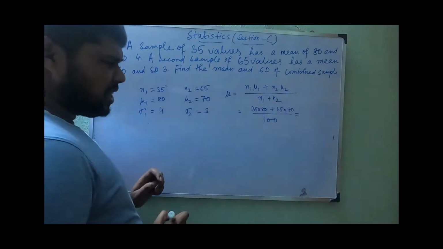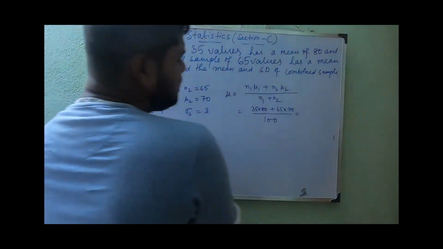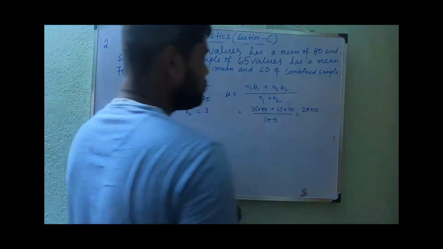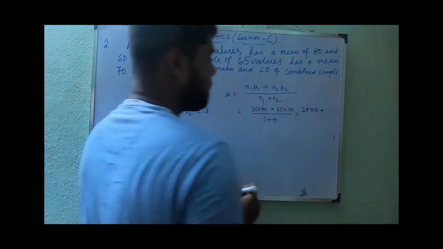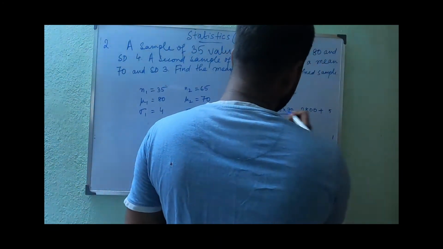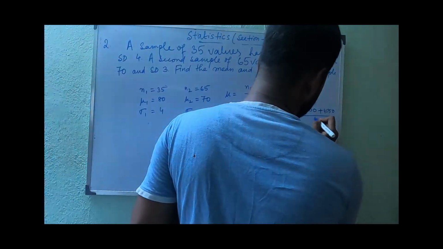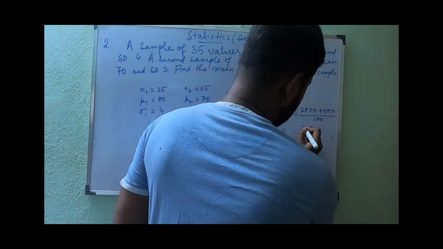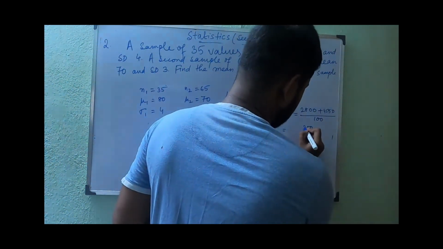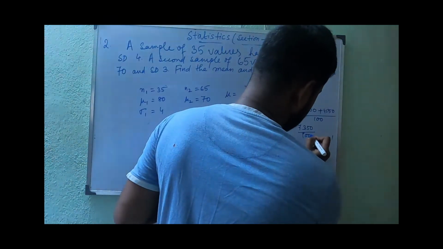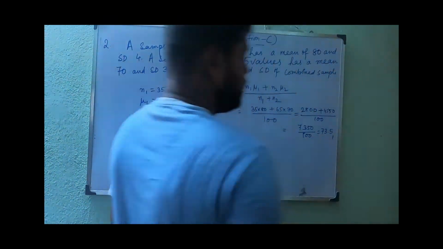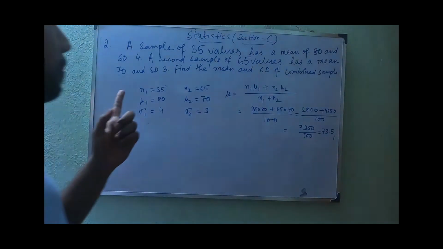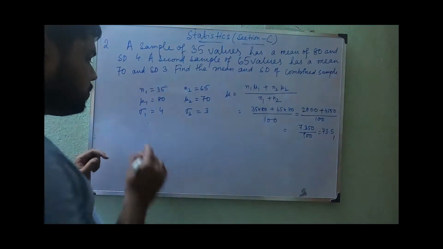So 35 into 80 is 2800, plus 65 into 70, so therefore this is my combined mean 73.5.